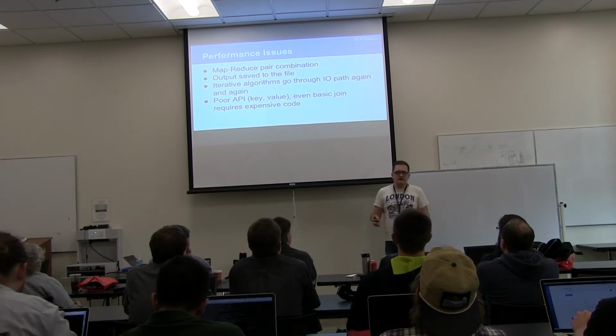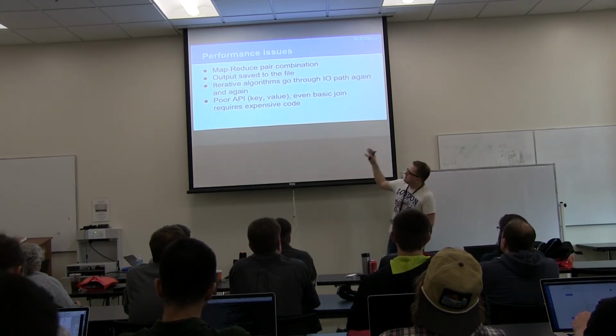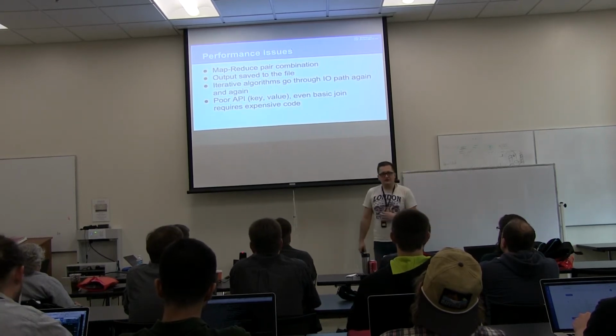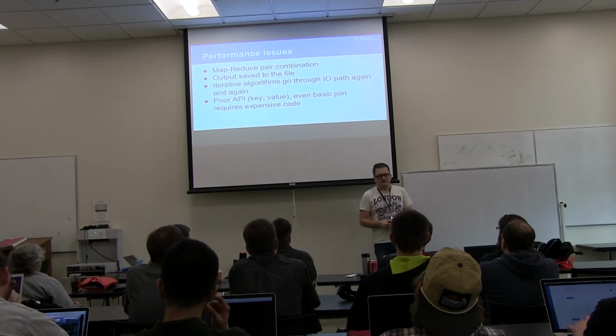Overall, it kind of sucks. The idea was cool, but when we reach the moment when we're doing something complex, there are a bunch of things we have to deal with, and basically it all boils down to the fact that there's a lot of shuffling going on, a lot of data flying around the cluster, and it's pretty expensive.